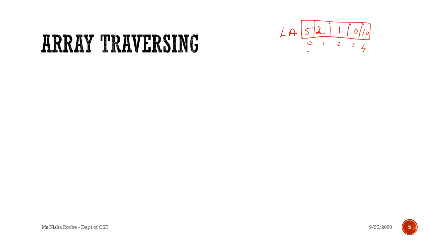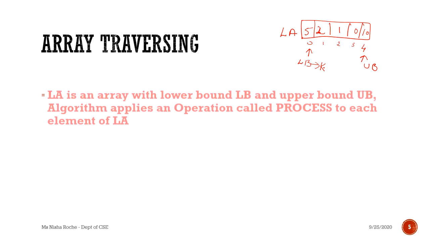Now array traversing is nothing but trying to access each element of an array. So 0 is the lower bound of the array represented by LB and 4 is the upper bound of the array represented by UB. Let's assign LB, that is the lower bound of the array, to a variable called K. So with this understanding, let's look at the algorithm.